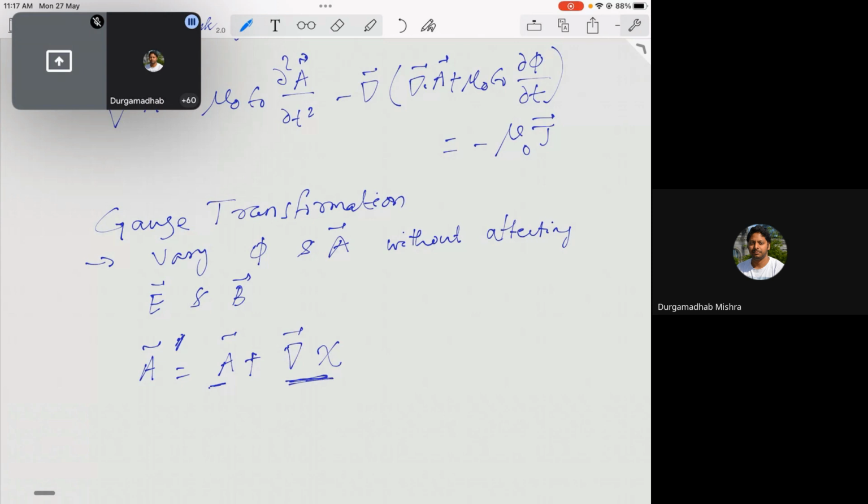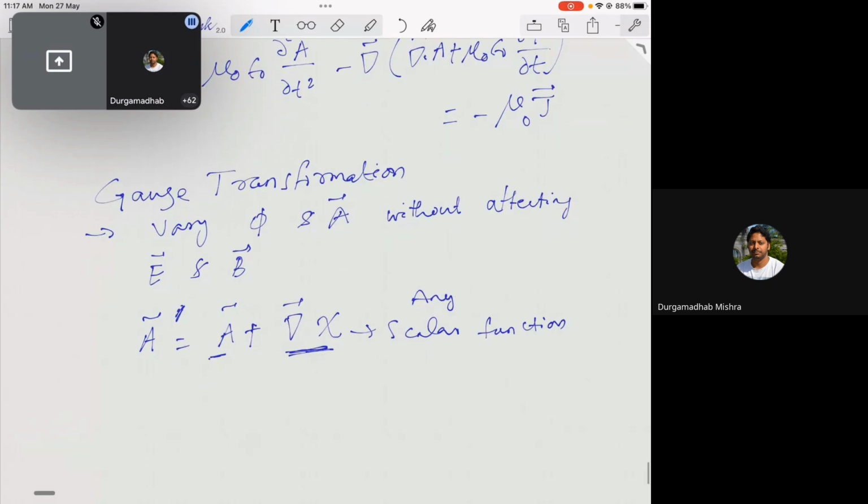It can be any scalar field, any scalar function chi. And the corresponding change in the scalar potential would be minus del chi by del t.